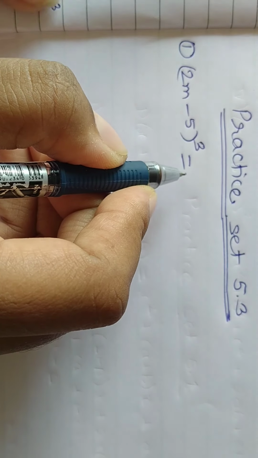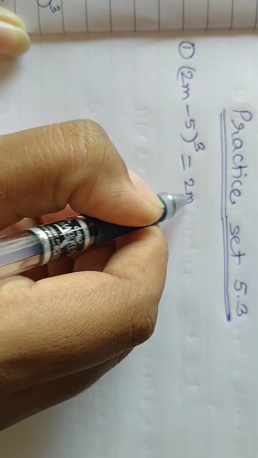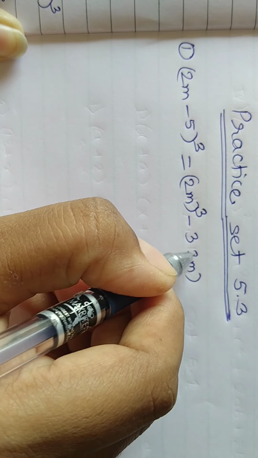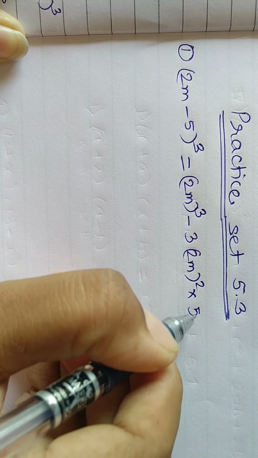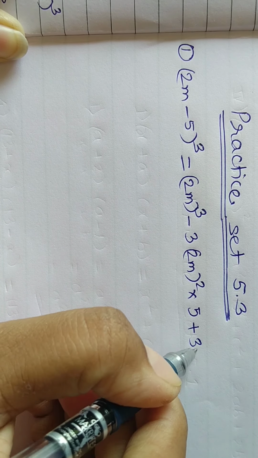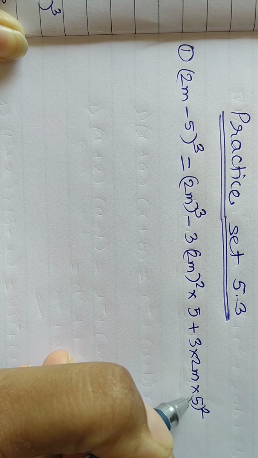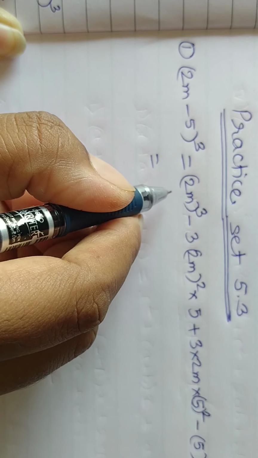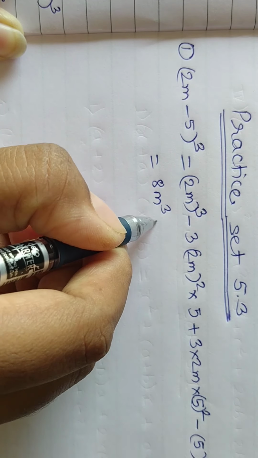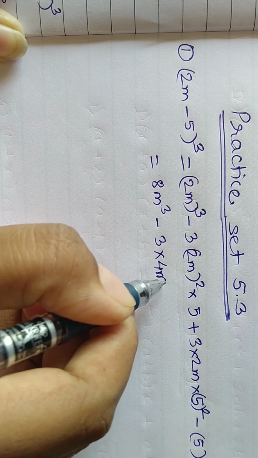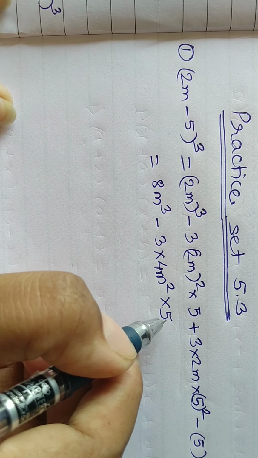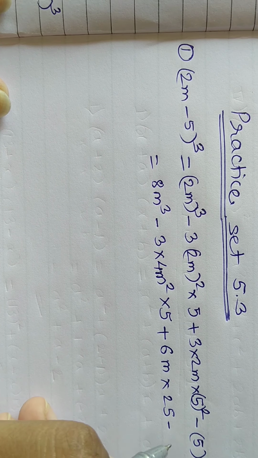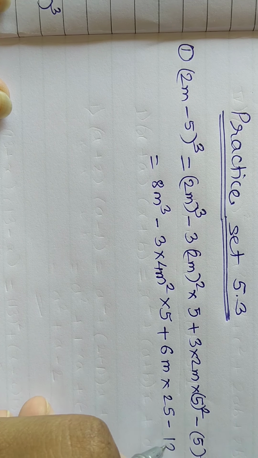See first one, 2m minus 5 whole cube. First term cube, minus 3 first term square into second term, plus 3 into first term into second term square, minus 5 cube second term cube, equal to 8m cube minus 3 into 4m square into 5, plus 3 into 2m into 25, minus cube of 5 is 125.